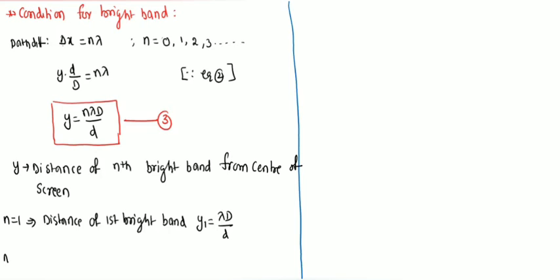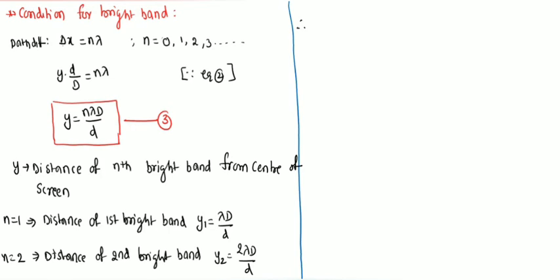If you substitute n equal to 2, you will get the distance of the second bright band from the center of the screen. That is y2, which is equal to 2 lambda D by d.